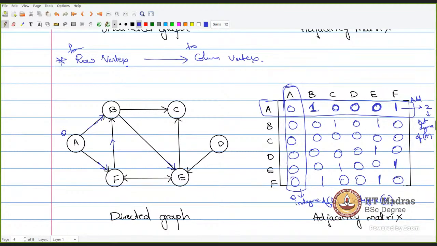So if I have to draw the graph, I should keep a vertex A and draw two outward edges, and there will not be any incoming edges. Similarly, from row 2, row 3, row 4, row 5, row 6 and column 2, column 3, column 4, I can backtrace and draw the graph again.